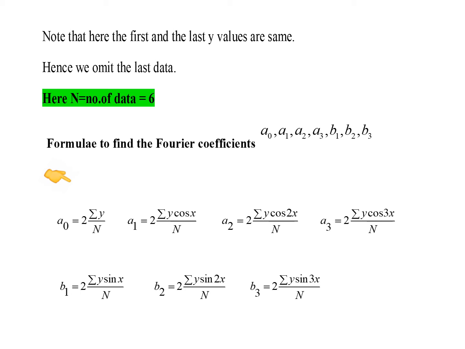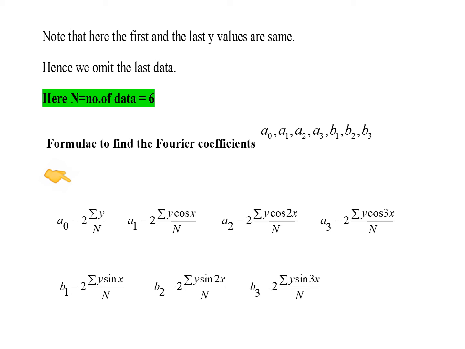And next, for A1, we need 2 by capital N into sigma y cos x. Now what is sigma y cos x? For each x value you have to find cos x, and multiply that cos x into y. So like that you will have a value for every data of x and y, and you have to add all those values.